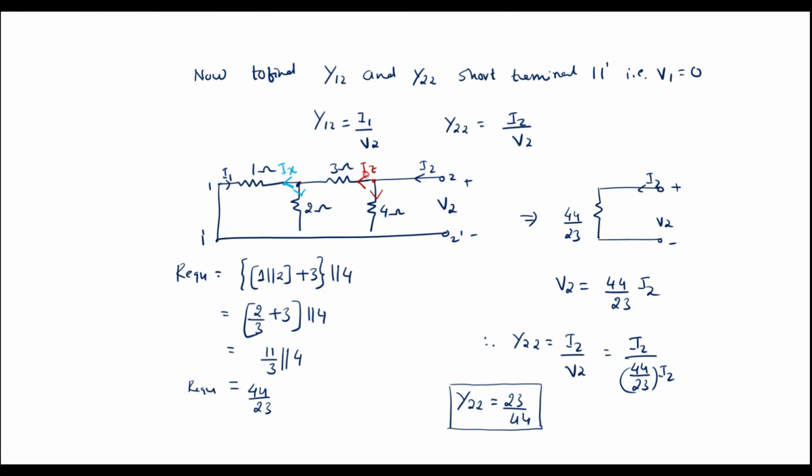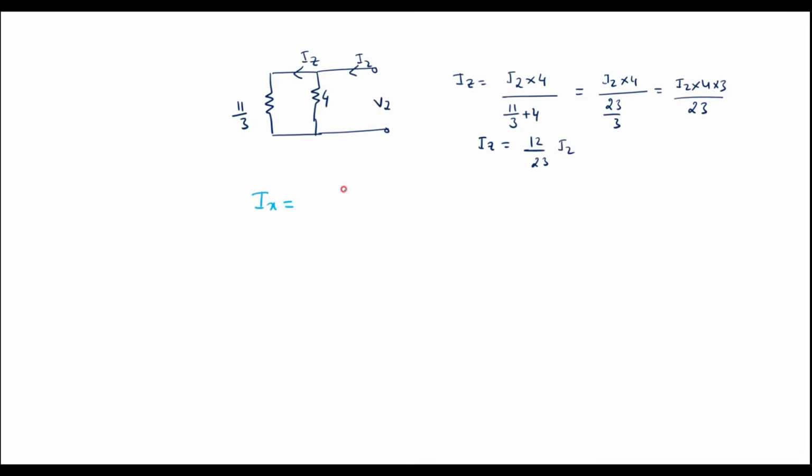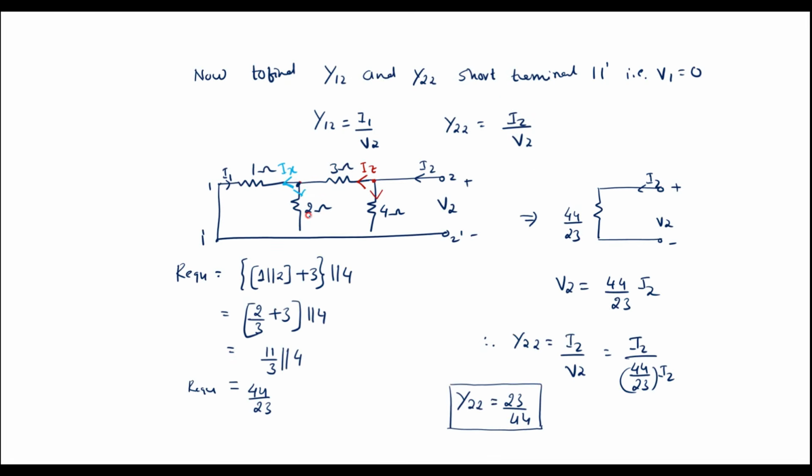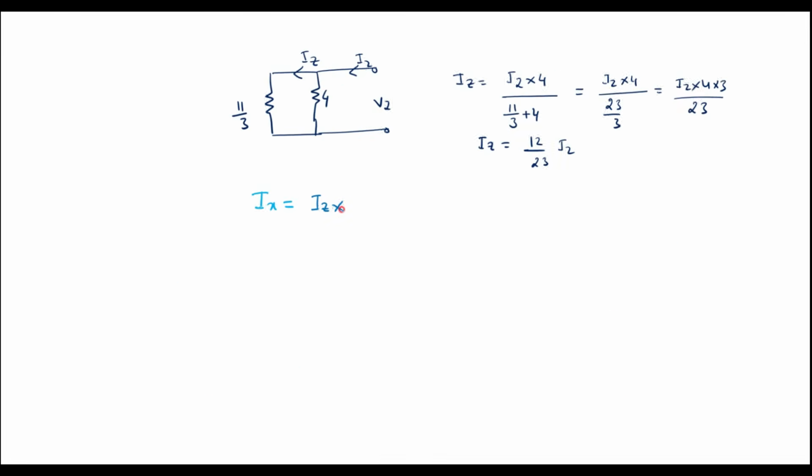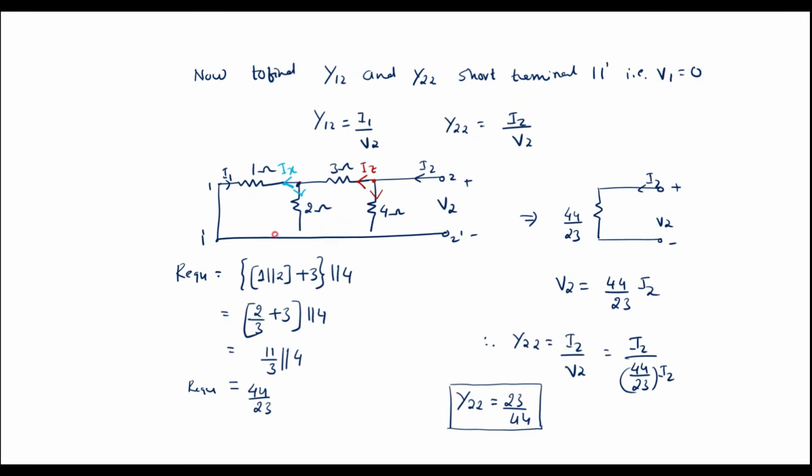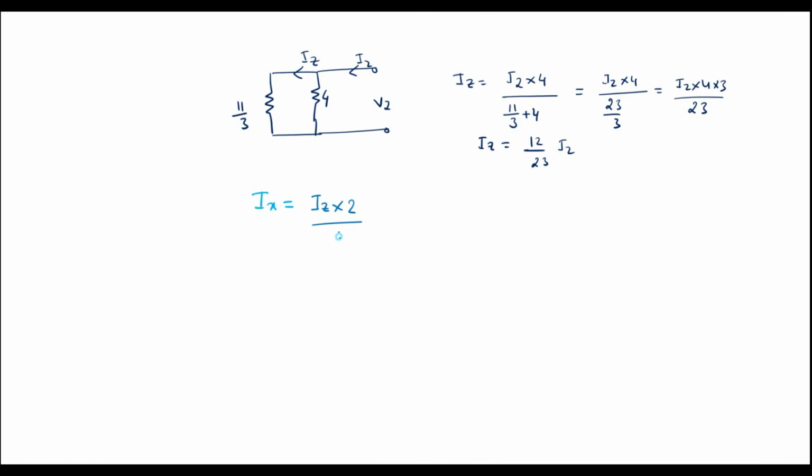Ix is nothing but total current Iz into opposite resistor. Opposite resistor here is 2. 2 divided by sum of resistors, that is 2 plus 1, that is 3, which is equal to Iz, already we have calculated here, 12 by 23 I2 into 2 by 3, which is equal to 24 by 69 I2.